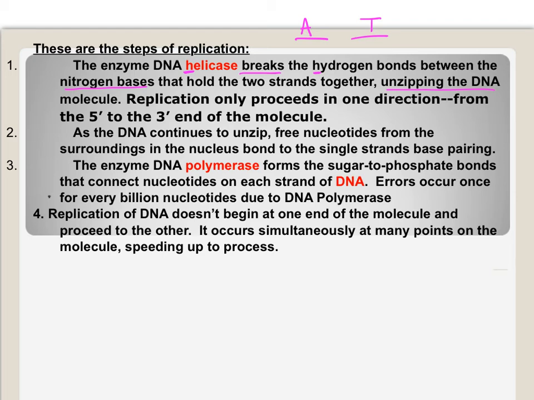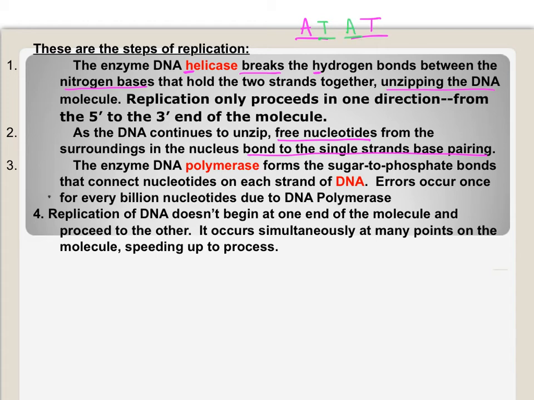So, step 2. As the DNA unzips, random free nucleotides are going to bond to the appropriate base. So I've split this A and T up here, okay? So now a free T is going to come and bond to this A, or a free A is going to come and bond to that T, okay?